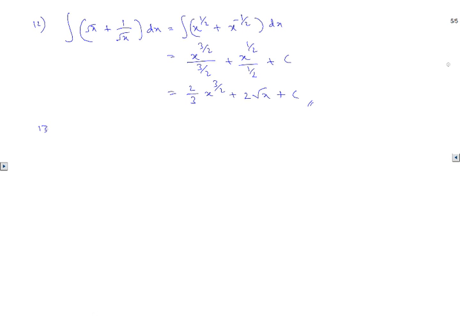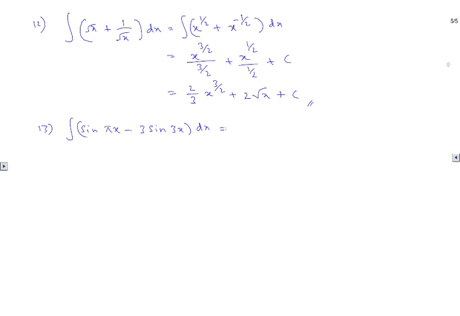So 13, what's a good one? How about this one: the integral of sine pi x minus 3 sine 3x. Again, do it term by term. Here k equals pi, and this is sine.